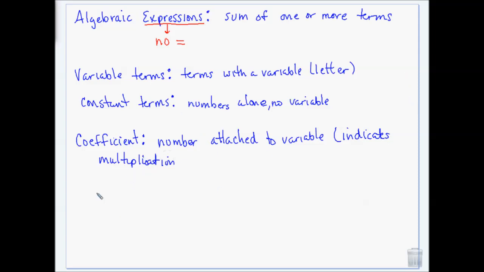So just for an example, this is an algebraic expression. You'll notice that I have pluses and minuses, but I have no equal sign. So it's an expression.